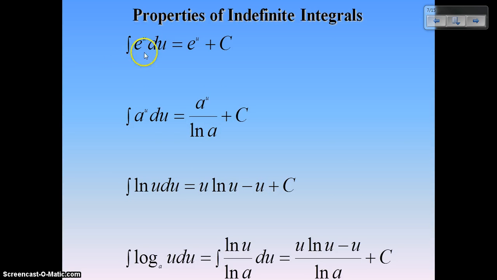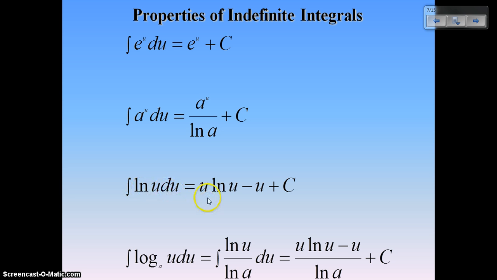Alright, some more. Integral of e to the u is e to the u plus c. This is one here that came up in your 6.1 homework. The integral of a to the u, that would be something like 2 to the x, 5 to the x, etc., is a to the u over natural log a plus c. The integral of natural log u, this is actually one that will work out as a problem when we get to the next section when we do integration by parts, but for now it's a shortcut rule.